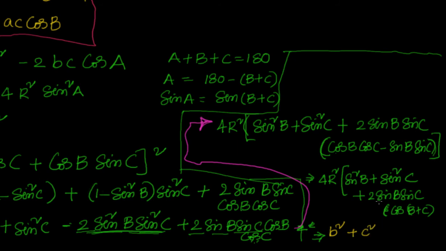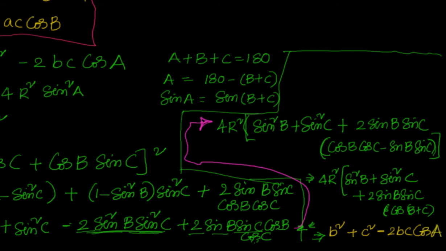And 8R square sin B sin C, I can write it as 2R sin B, 2R sin C. That means it will become 2bc, and cos of B plus C is nothing but minus cos of A. So it will become minus 2bc cos A.